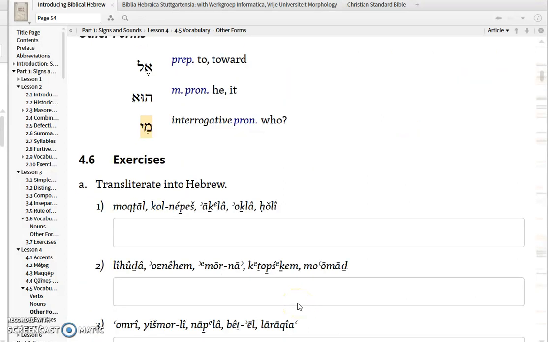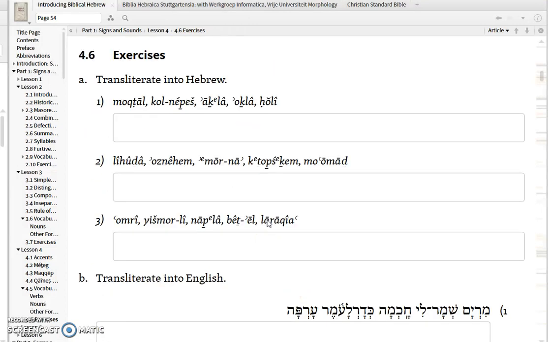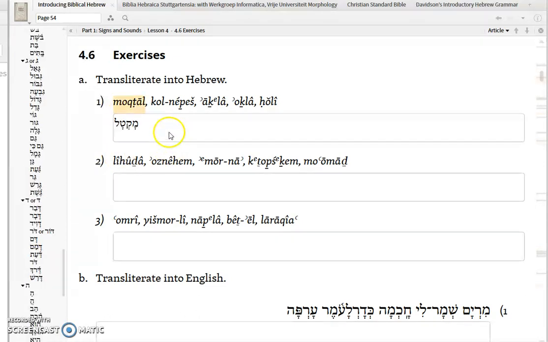Well, what are the exercises asking you to do? The exercises are asking you to transliterate certain things into Hebrew script. And here, if you have an unaccented closed syllable like moktal, then that would be a Kametz hatuf. Whereas the long A vowel at the end would be a regular Kametz.